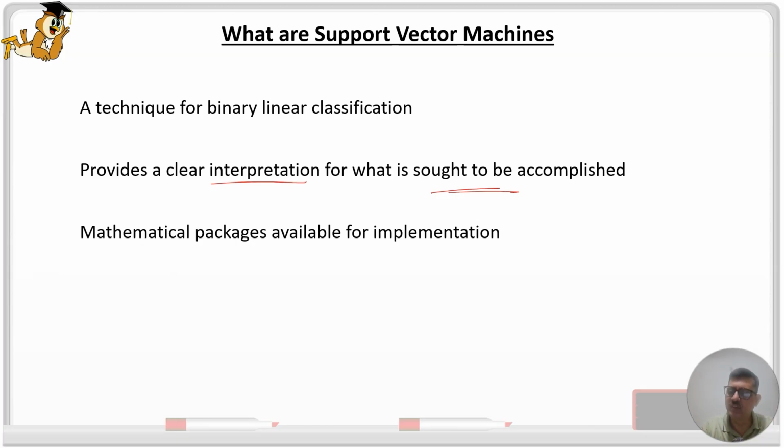Off-the-shelf libraries are available in whatever framework you are using that will allow you to implement support vector machines. This is what makes them popular. They are very commonly used in practical scenarios for binary linear classification, and therefore they are an important topic of study.